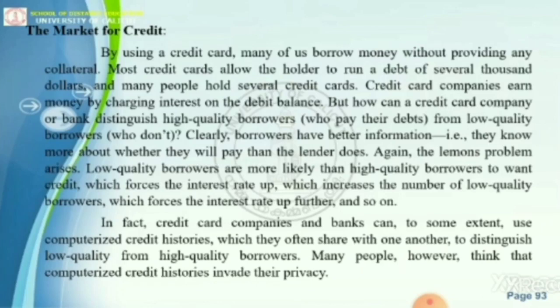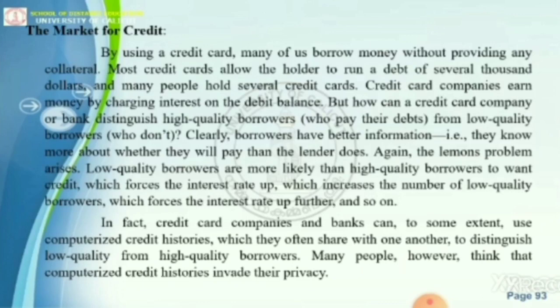But how can a credit card company or a bank distinguish high quality borrowers, that means who pay their debts, from low quality borrowers who don't pay their debt? Clearly, borrowers have better information, that is, they know more about whether they will pay than the lender does. Again, the lemons problem arises.